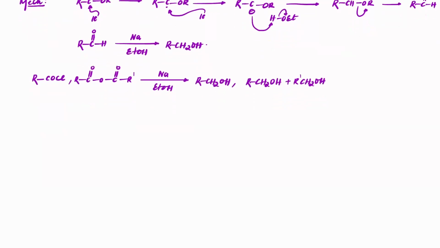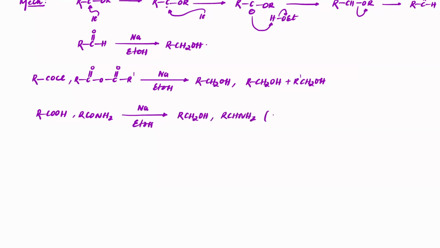Well, does it make any reaction with acids? If you have RCOOH and RCONH2 and react with sodium and ethanol, here also it makes a reaction, converting into alcohol and amines.